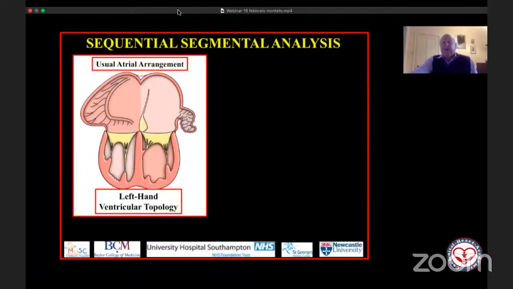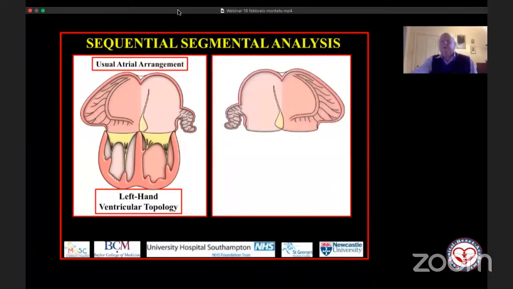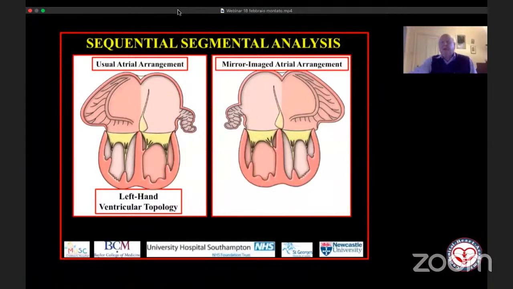You're seeing on your left hand the situation with usual atrial arrangement. You know that the same thing can happen with mirror-imaged atrial arrangement, but when the atrial chambers connect to morphologically inappropriate ventricles in the setting of mirror-imaged atrial arrangement, the ventricular mass is in its anticipated fashion with right-handed topology.